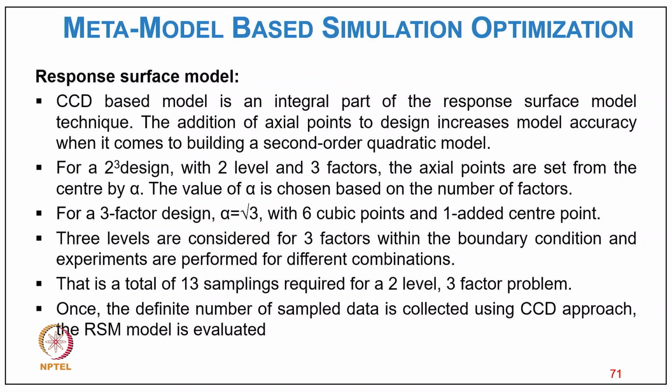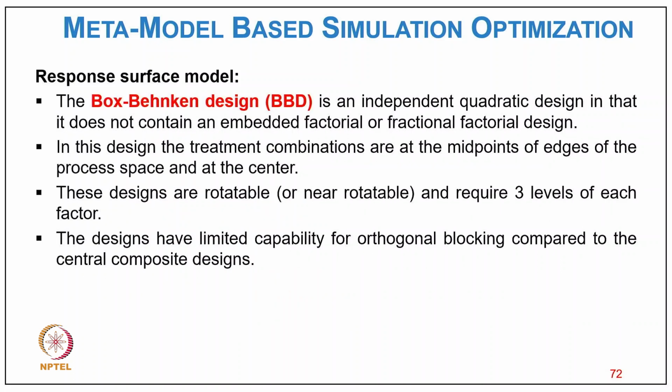For a 3 factor design, alpha is cube root of 3, square root of 3, with 6 cube points and one added center point, and 3 levels are considered for the 3 factors within the boundary condition, and the experiments are performed for different combinations, and that is a total of 13 samples required for a 2 level and 3 factor problem. And once the definite number of sample data is collected using the CCD approach, the RSM model is evaluated.